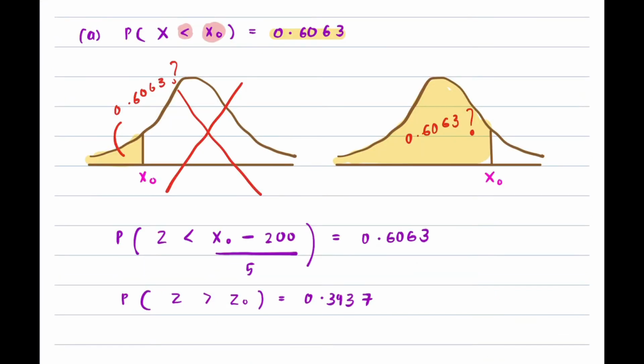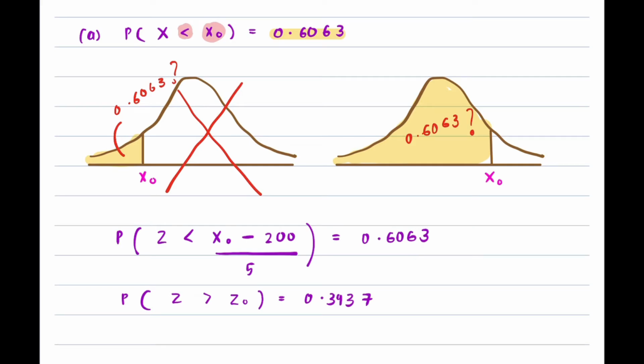If you symbolize to the standard normal, you have Z is less than, just substitute into the formula, x0 minus 200, the mean, divided by the standard deviation, which is 5, because the given value 25 here is your variance, sigma squared. And the probability given is 0.6063.